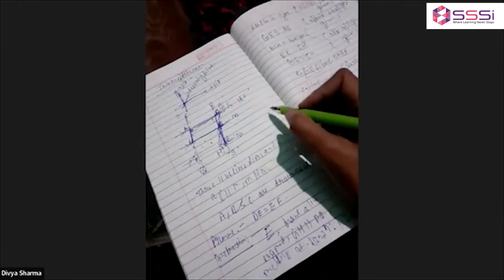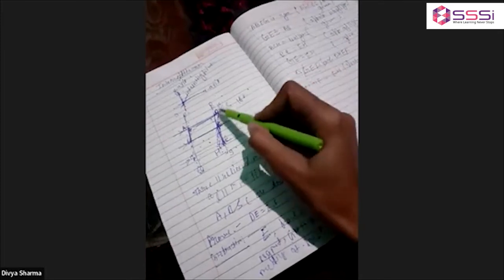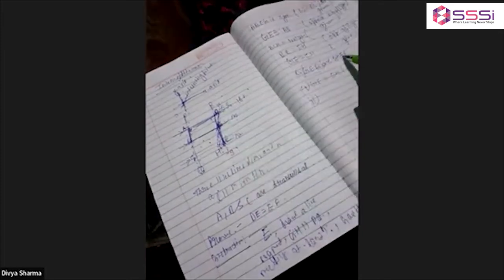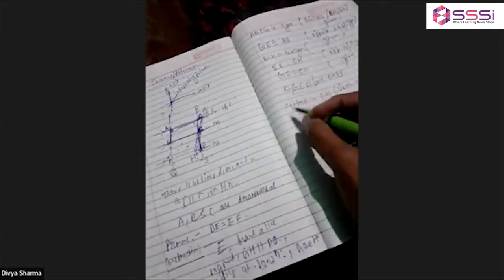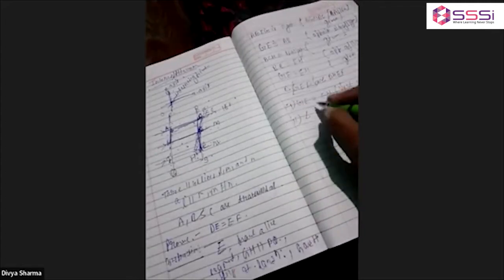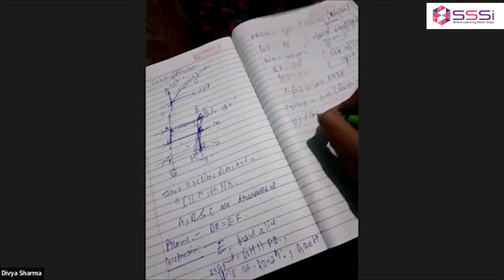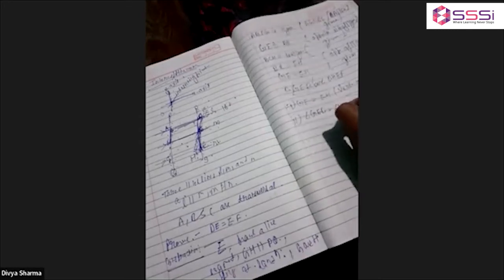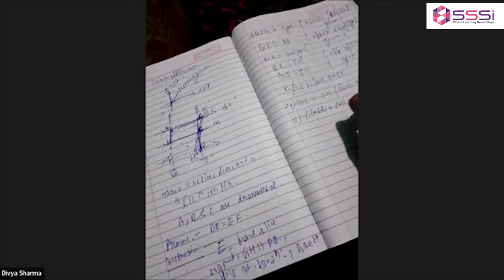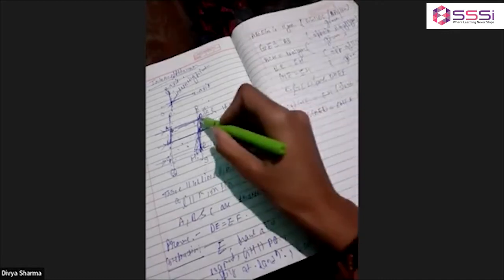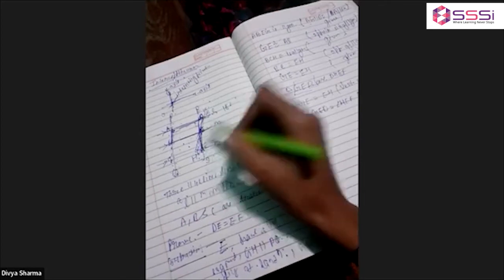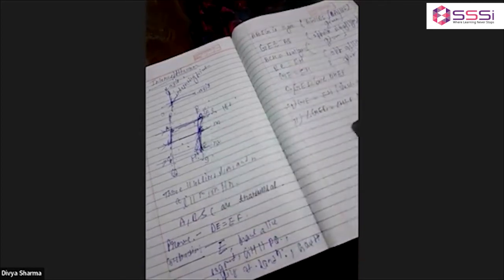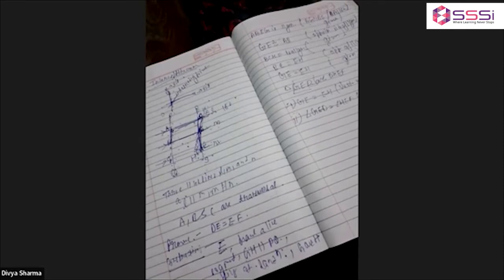Second will be triangle GED and the triangle HEF which we have taken. We'll take the angle GED is equal to the angle HEF. These are alternate interior angles. Reason will be alternate interior angles.